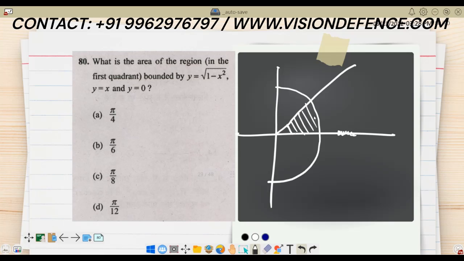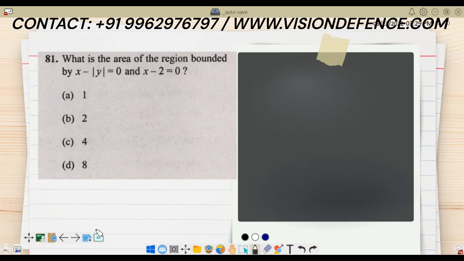So we need to find this. Of course, we know that this is a 1 by 8 sector of the circle, right? So 1 by 8 into pi r square, r is 1, r square is 1. So the answer is pi by 8. Doesn't need much integration here, right? So 81. Moving on to the next question.